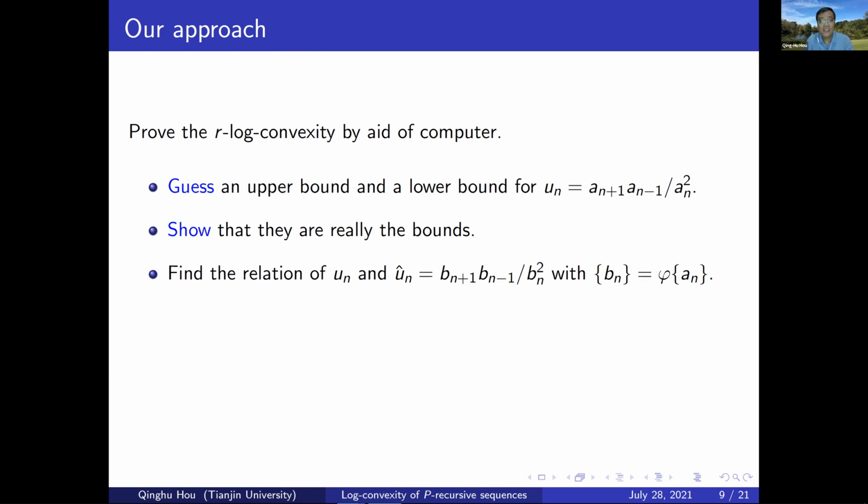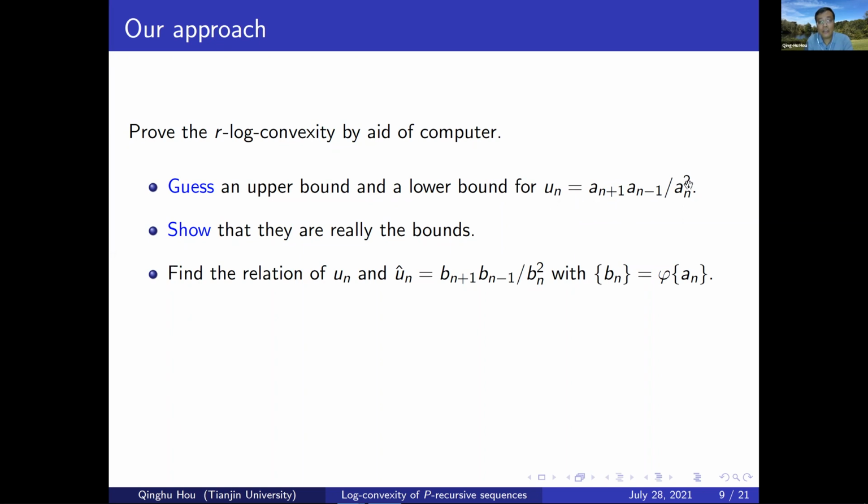Still, we use the same framework, that is guess and check. I find that the organizer is quite right to put these 2 talks together. We all use this process. So first, we need to guess an upper bound and a lower bound for this ratio, because this ratio plays an important role in proving the convexity or the concavity.